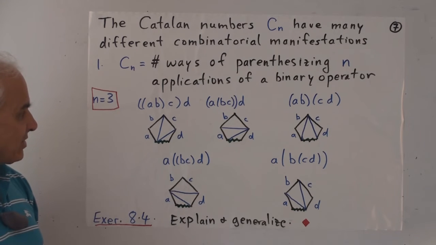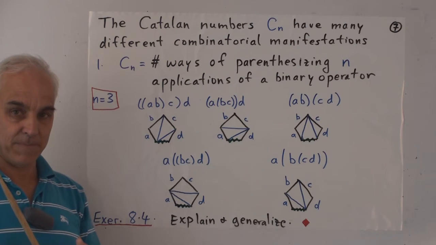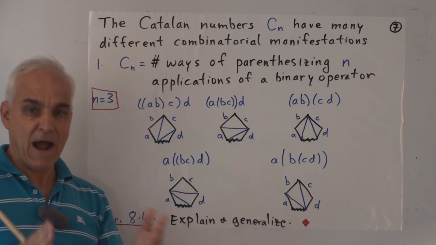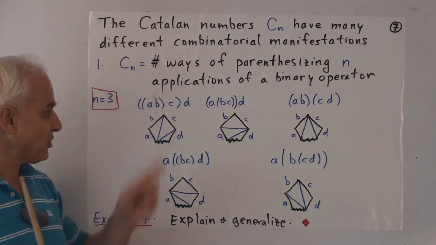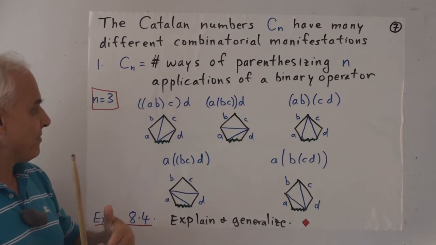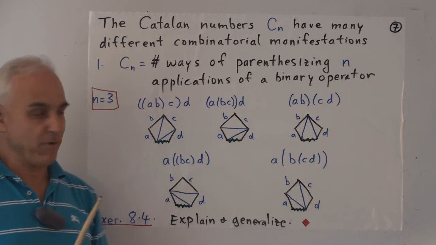But you don't insist on which two numbers you're going to multiply together at any one given time. So multiplication is a binary operation. You can only multiply together two things at any one time. So there are quite a lot of different ways of deciding on the ordering of these different four numbers.